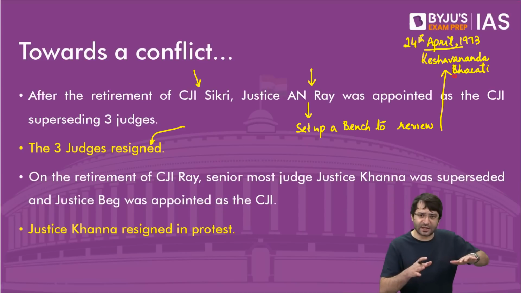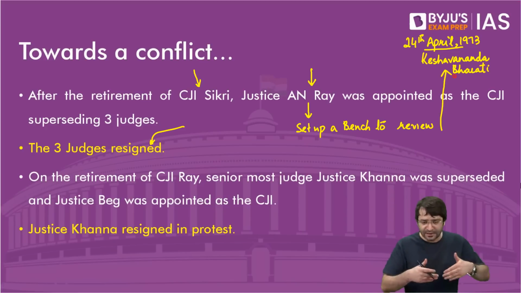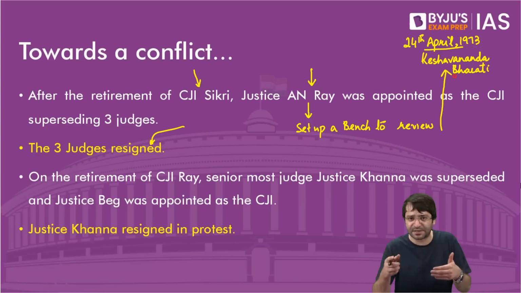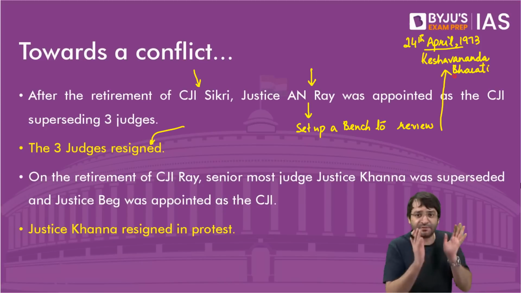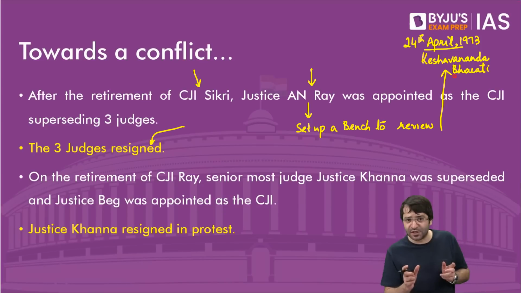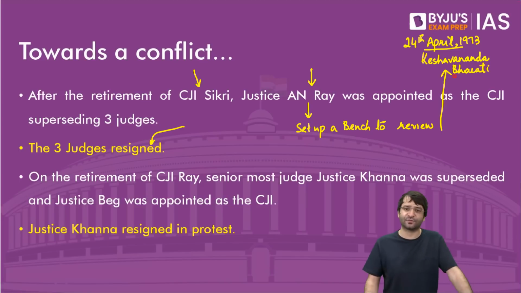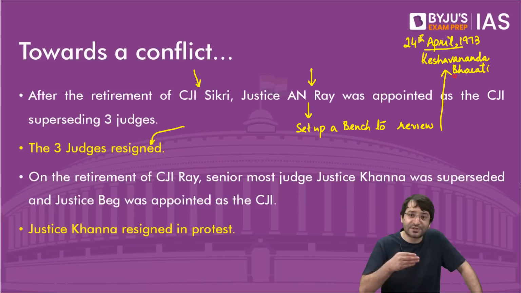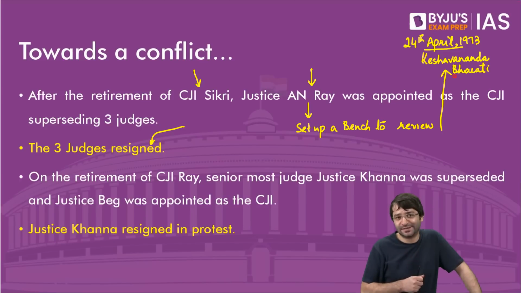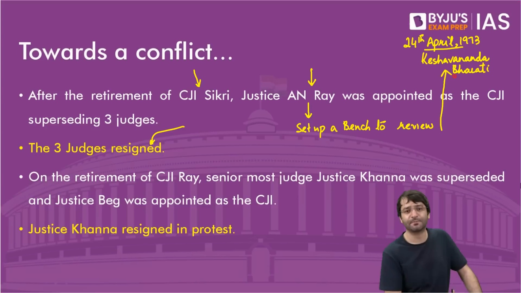Chief Justice Sikri retires. Now a successor has been appointed by the president, this time violating the convention. Instead of the senior most judge, a judge who was at serial number 4 in terms of seniority was appointed as the Chief Justice of India. And he is now reciprocating by setting up a bench to review the Keshavananda Bharati judgment.